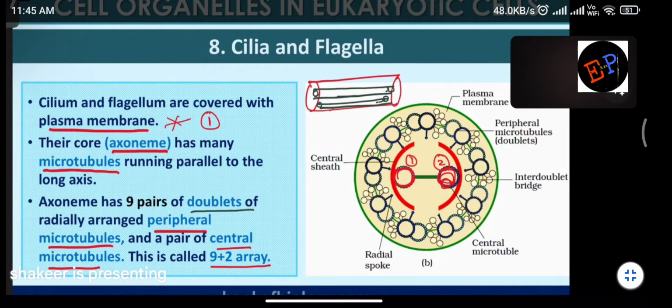In the figure you can draw them 1, 2, 3, up to 9 pairs like this. Totally 18 are present. And in the middle we have only 2 tubules. That is why you can call this system a 9 plus 2 array. You are seeing this arrangement inside the cilia and flagella.